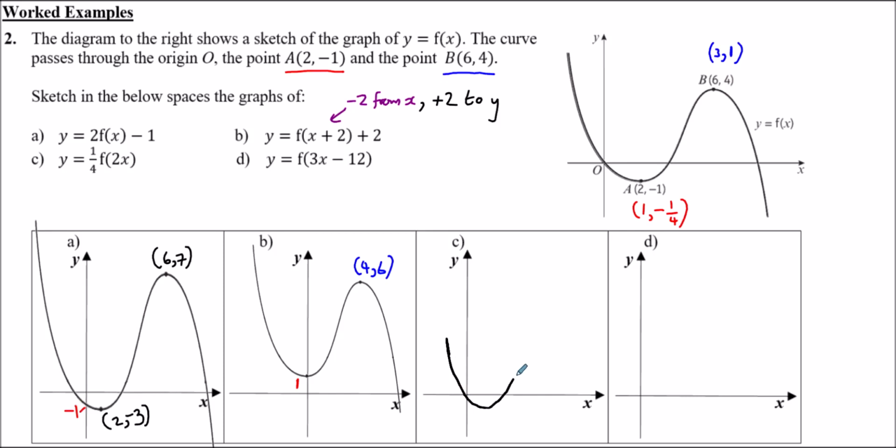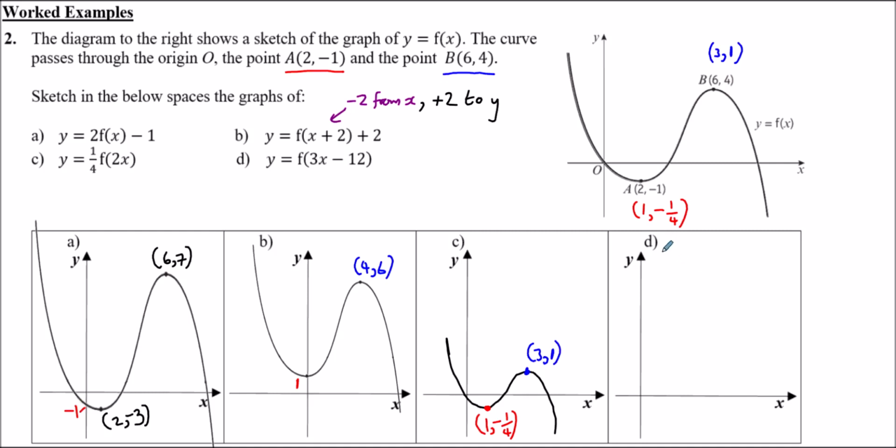It won't look as though it goes as high. So it's going to be a scaled down version of its former self. So it's going to cross at the origin. The point A will be at 1, minus a quarter. And point B, in other words B dashed, will have moved to the point 3, 1.